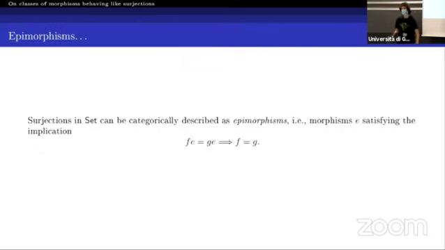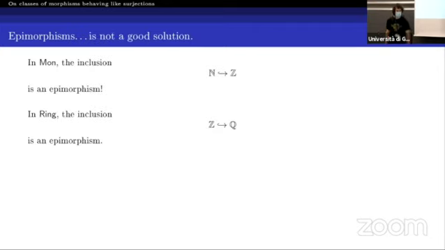Firstly, as we all know, in Set, surjections can be categorically described as epimorphisms, namely morphisms with the right cancellation property. These classes of morphisms have some good properties, but it has a weak point: in the category of monoids, the inclusion of natural numbers into integers is an epimorphism.